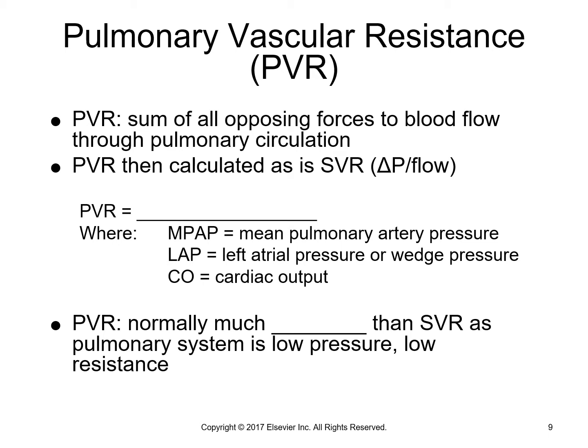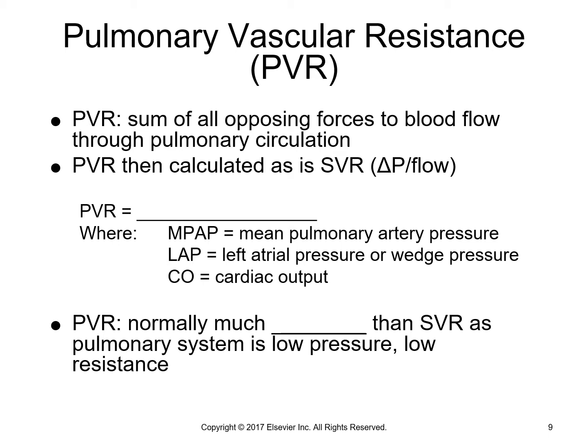So a normal PVR is about 100 to 200, generally less than 250. Keeping in mind, it is going to be a lower number because the pulmonary vascular system is a lower resistance system.